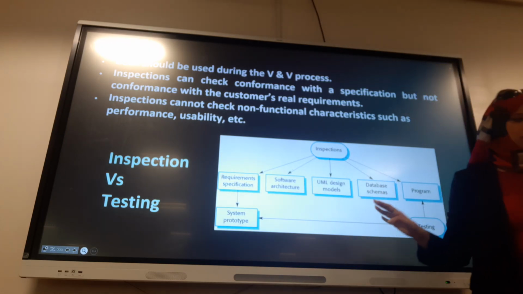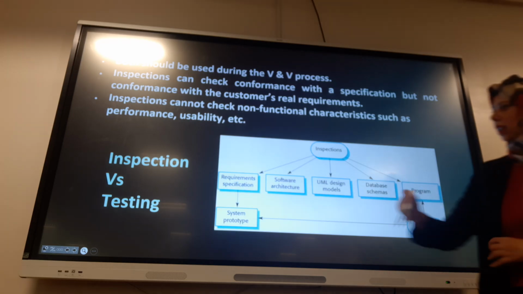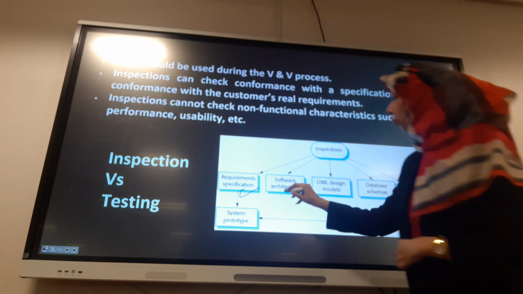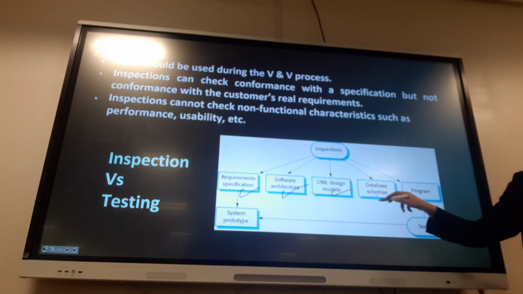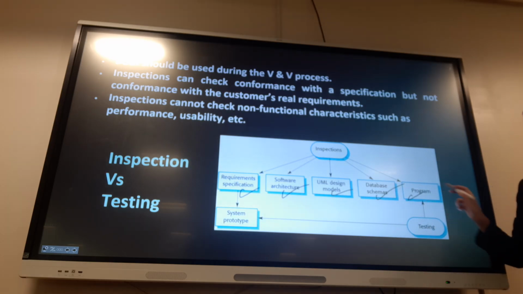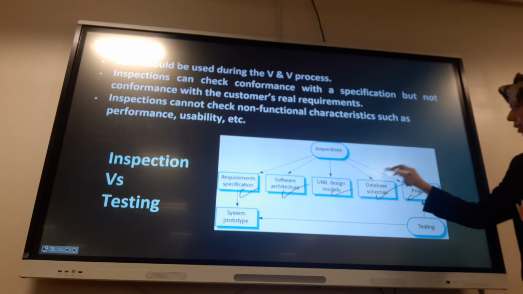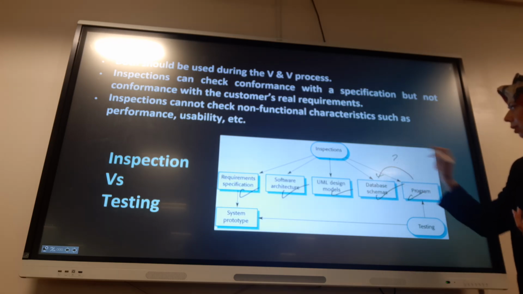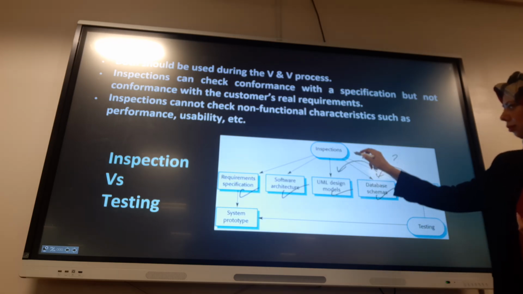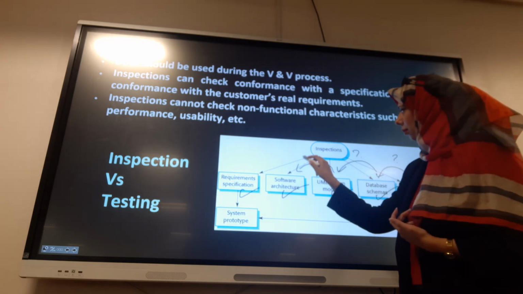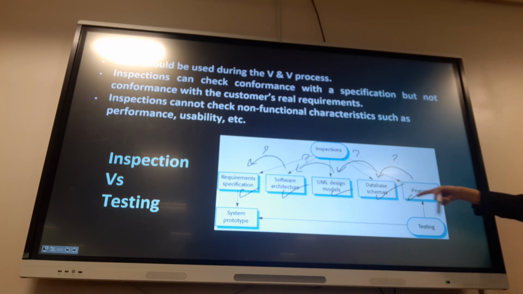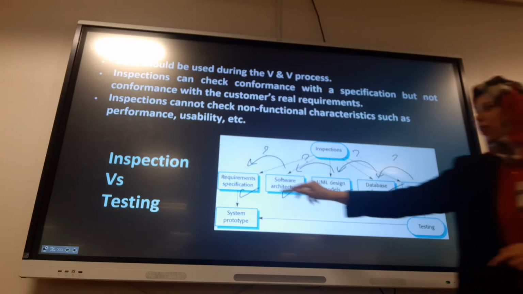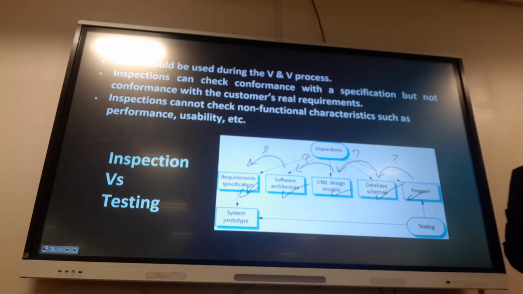So inspection cares mostly about testing your own requirements, your own system architecture, your own design models, your own database schema, and your own program. And again, you will keep on saying, okay, is that the right one? Yes? So every phase will be inspected based on the previously approved phase, right?